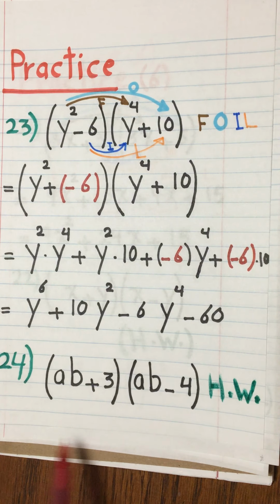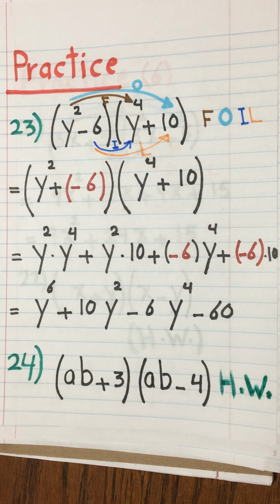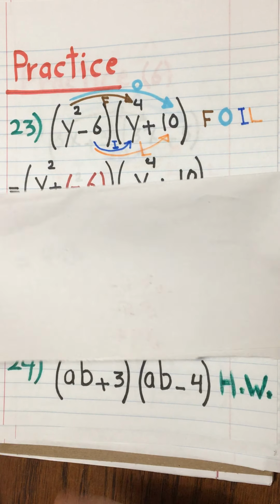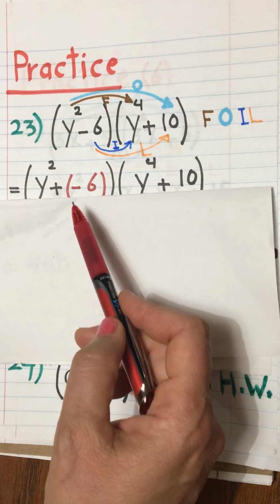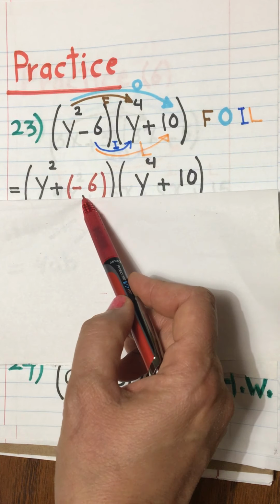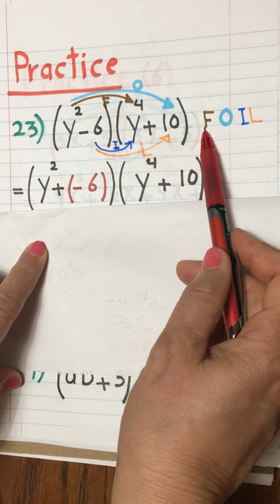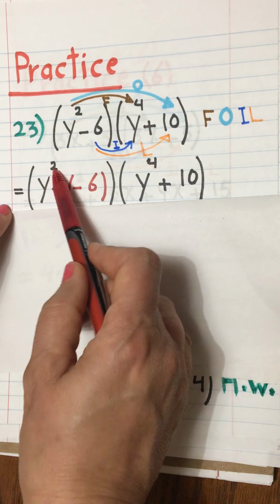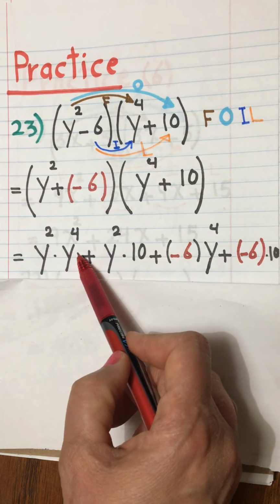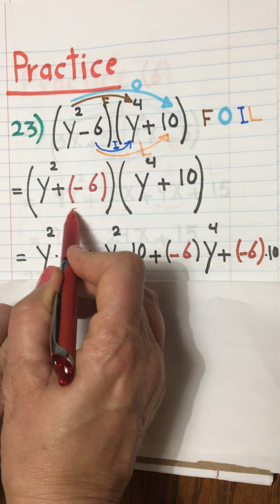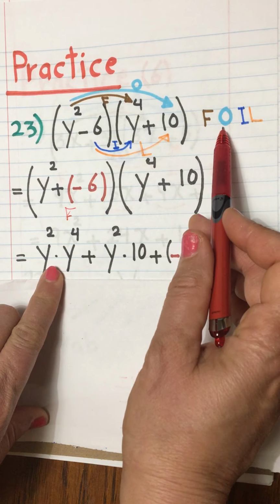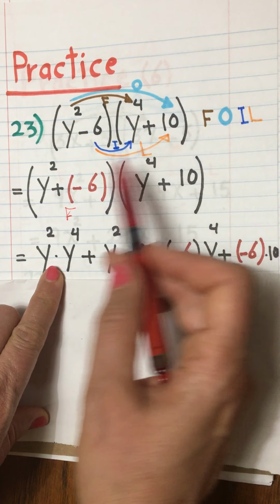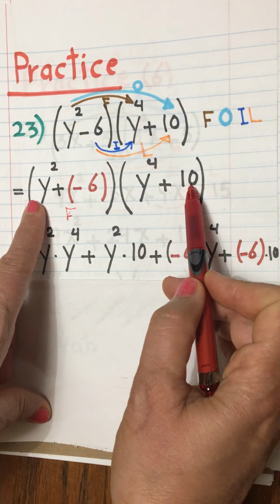24 is your homework, guys. 23. So I'm going to change negative to a positive and 6 to negative 6. And then I have FOIL. First times first, y squared times y to the power 4. Outside terms, y squared times 10.